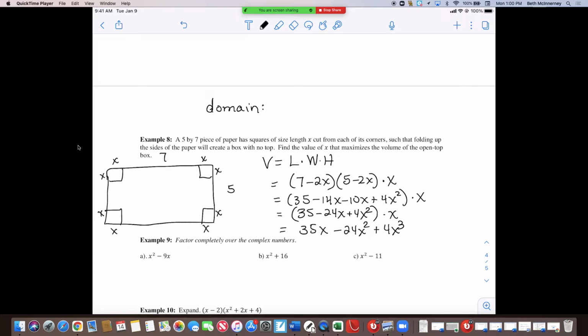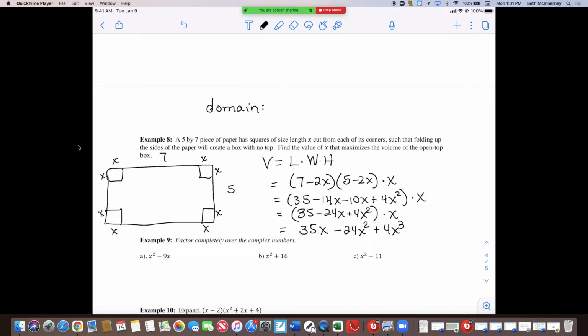Now, I want you to think about, let's do the 5 minus 2x, okay? If I take 5 minus 2x, what's the biggest value x could be so that it doesn't take up the entire half side, you know what I mean? So like, could x be 1? Could I take 1 off of each side?